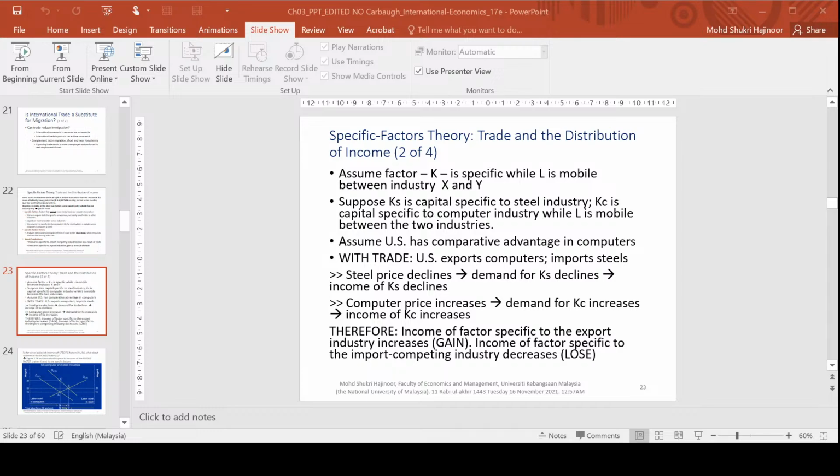Is factor endowment theory a good predictor of what a country should be specialized in? So, Wassily Leontief was the first to attempt to test factor endowment theory empirically.